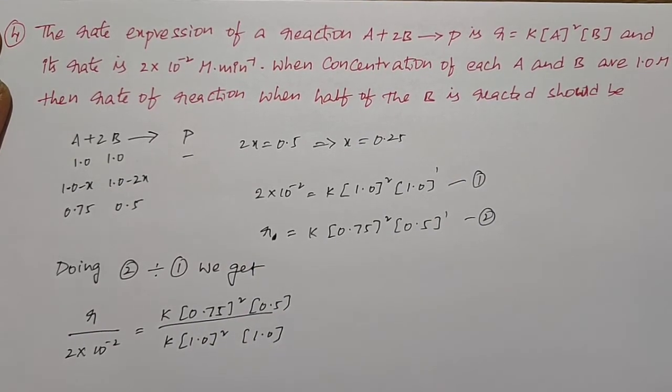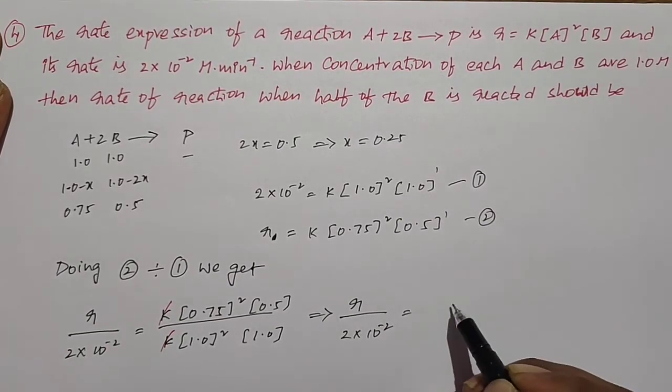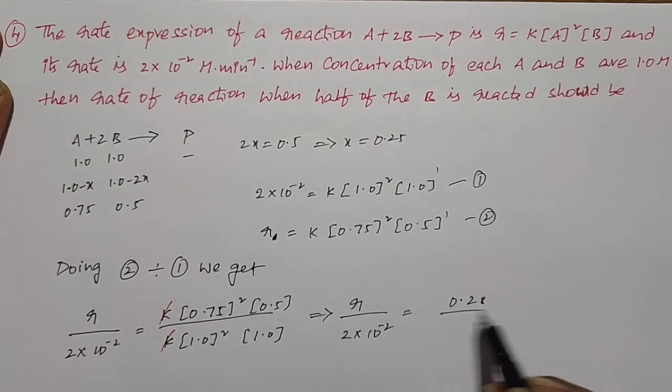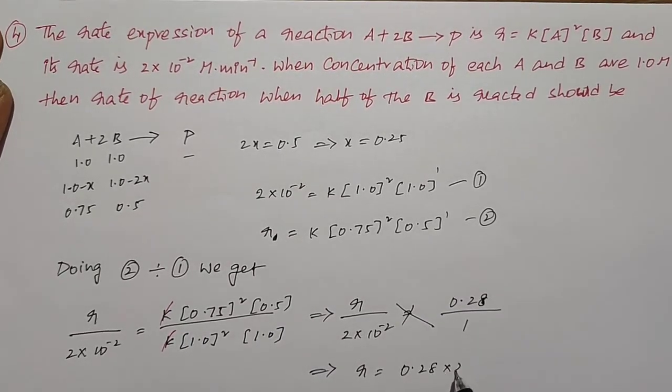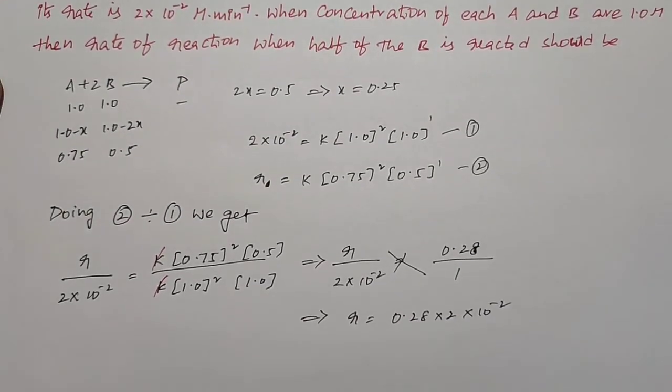So here k will be cancelled. After simplification, we get R by 2 into 10 power minus 2 is equal to 0.28 by 1. Now do the cross multiplication. Then we get R is equal to 0.28 into 2 into 10 power minus 2, which is 0.563 into 10 power minus 2.